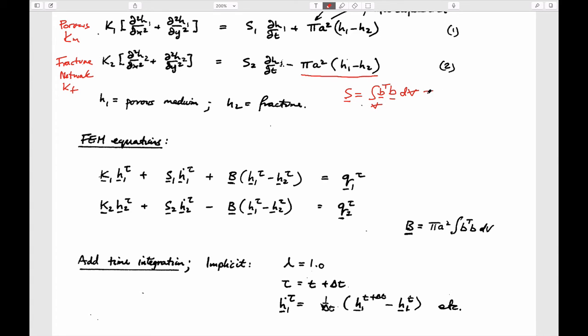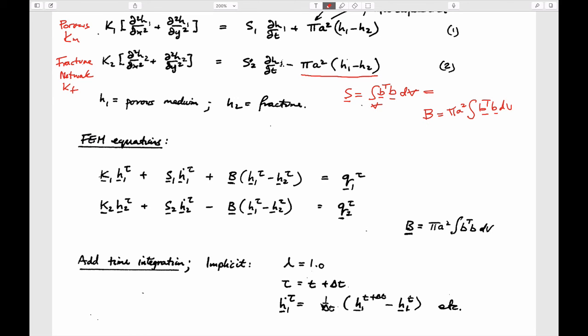This is basically going to be our B matrix, and what is it going to be? It's going to be equal to this term here. I'll leave a little space. B transposed B dV, and it's pre-multiplied by pi a squared. Nothing more than that. That's our parameter that does this. So this is our storage term.